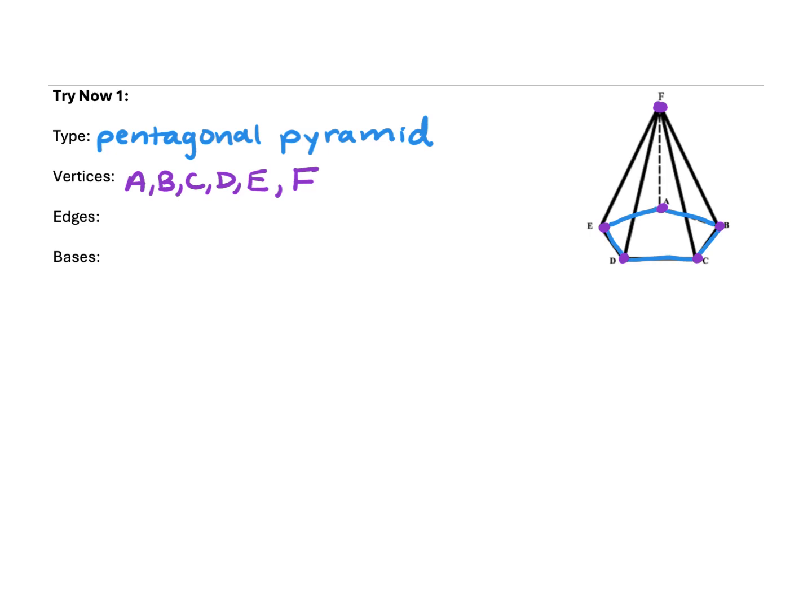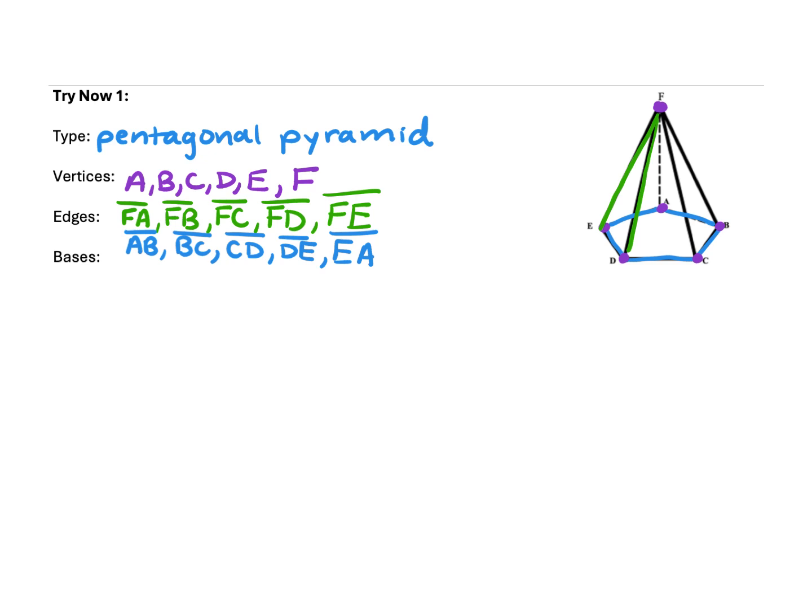For the edges, there are a bunch. There are all of the edges that are in the pentagon, plus all of the edges that contain that vertex F. Here's a list of all of the edges that contain F. So these are the ones that are kind of going from the point of the pyramid down to the base. And then I also need to include the edges that are part of the pentagon, which makes 5 more edges.